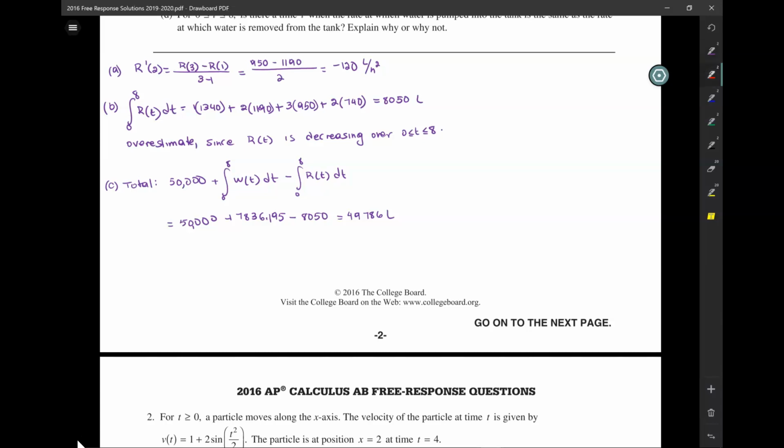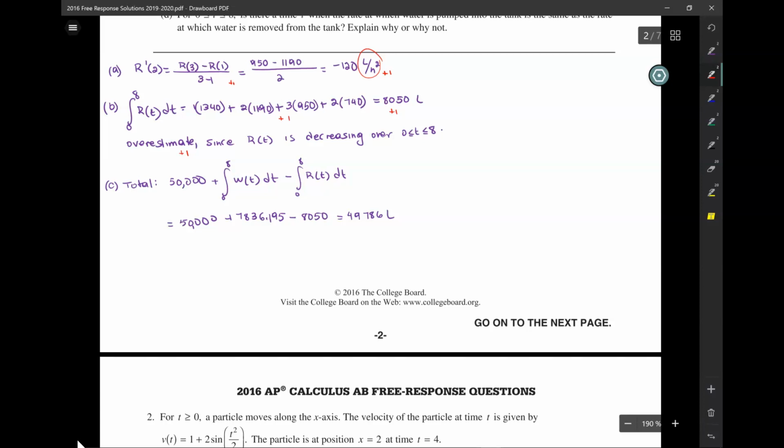Okay, as far as writing and showing your work is concerned. So first of all, in the top here, you get 1 point for the whole process with the correct answer, and 1 point for units. For part B, there is 1 point for the correct Riemann sum with the whole thing, 1 point for the answer, and then 1 point for seeing it's an overestimate.